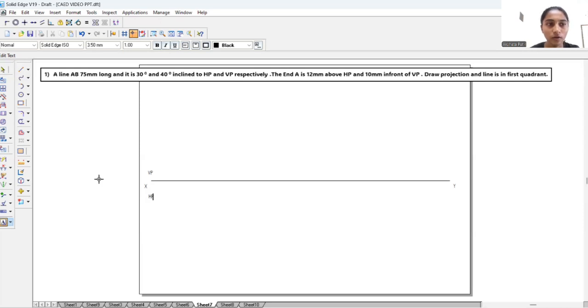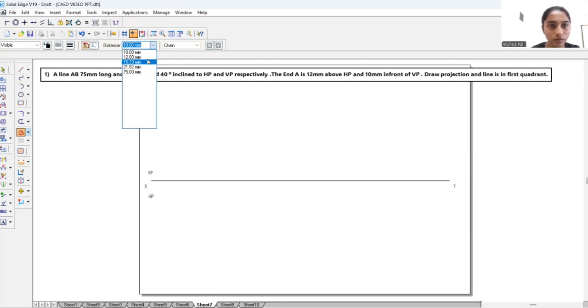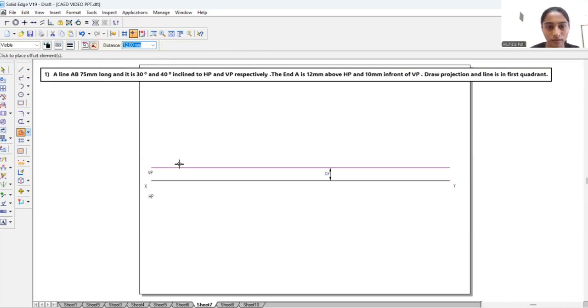So first we will draw point A. Therefore we have to choose the offset option. We will give the distance as 12 mm, so from the XY line, above the XY line, it is 12 mm. Again we will choose the offset option and give the distance as 10 mm, from the XY line to below the XY line.